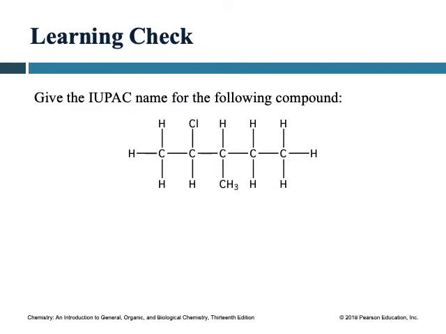So let's try to solve one problem on the IUPAC nomenclature of this alkane. How many carbons do we have in the parent chain? Let's start counting. This is a free carbon, this is a free carbon, you don't have any carbon on the right hand side. Over here you don't have any carbon on the left hand side. You can start from this end too.